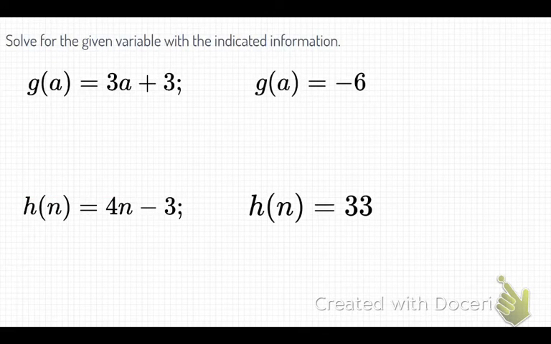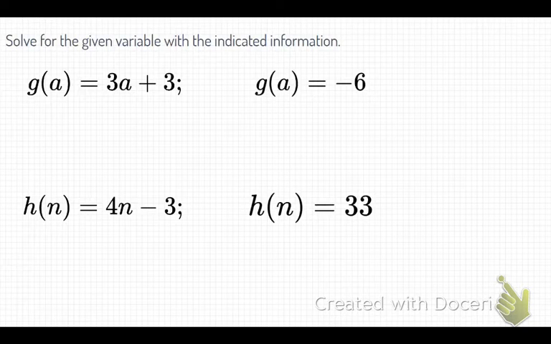Now I have solve for the given variable with the indicated information. I have g of a equals 3a plus 3, and then I am given g of a equals negative 6. So I have to solve for a. What is different about this compared to my last four? I don't have g of a number, do I?